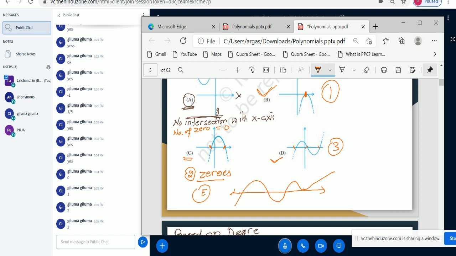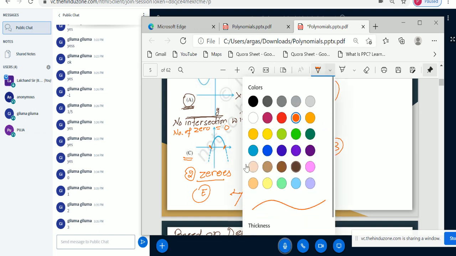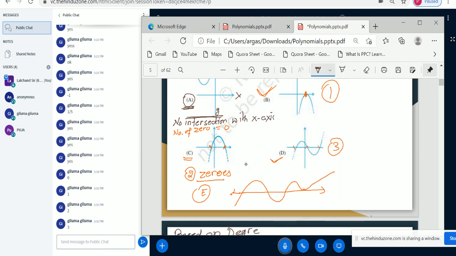For plot E, 1, 2, 3, and 4. Here four zeros.